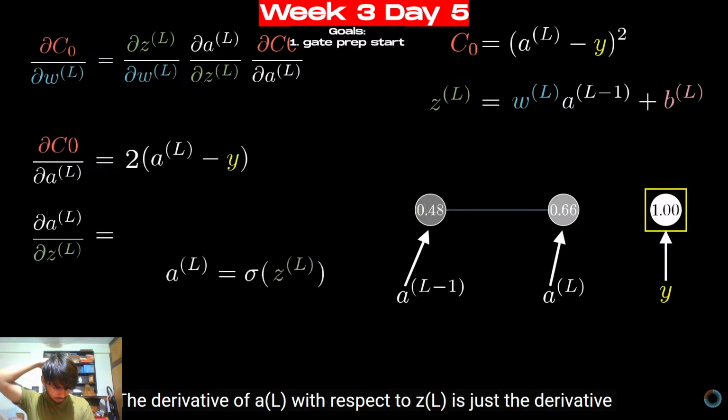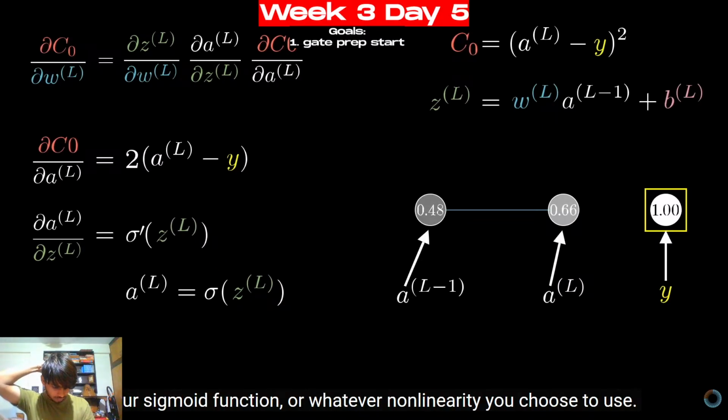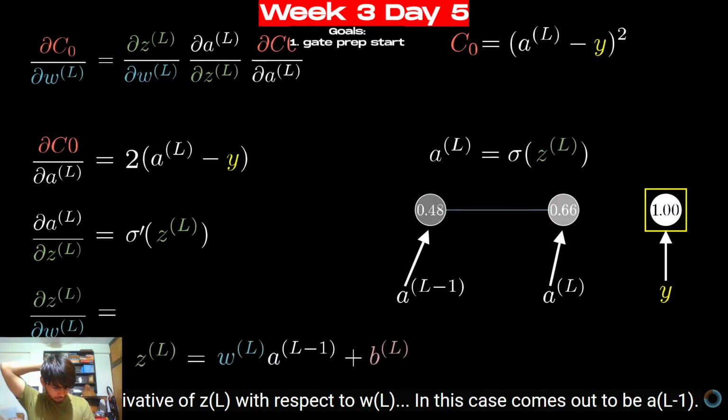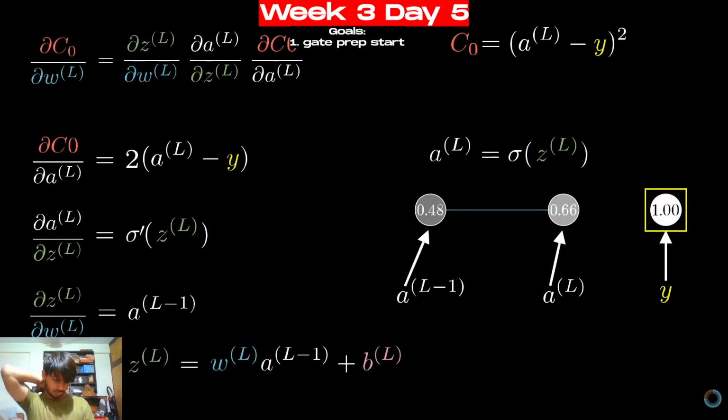The derivative of AL with respect to ZL is just the derivative of our sigmoid function, or whatever nonlinearity you choose to use. And the derivative of ZL with respect to WL, in this case, comes out just to be AL minus 1.